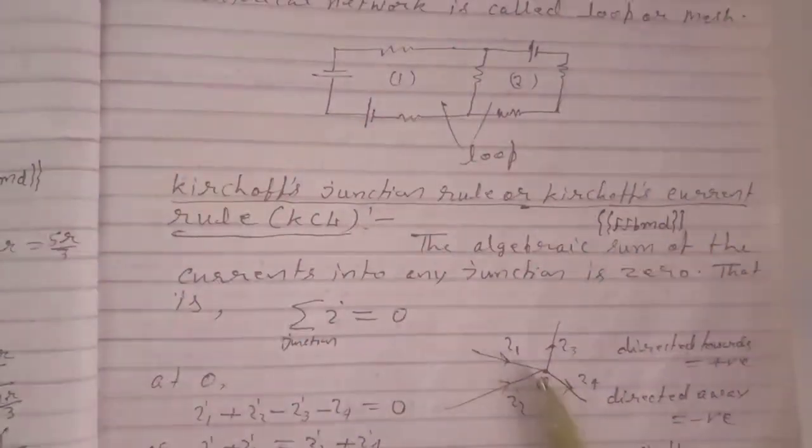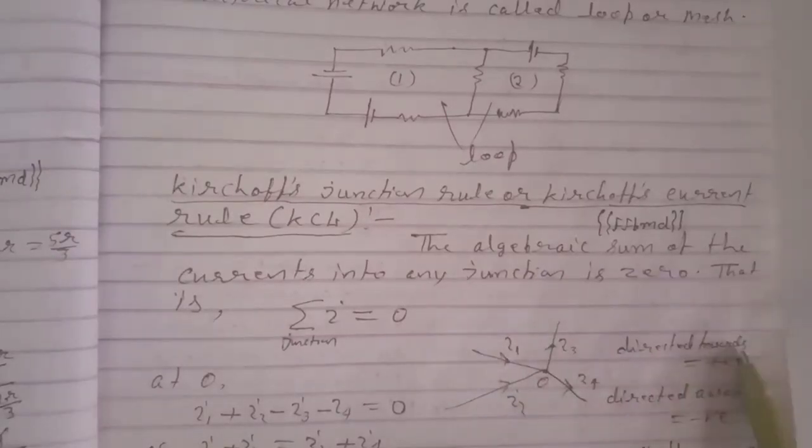Now we take some sign convention here. If current is going toward the point or meeting at the point, then that current is taken as positive, and if current is coming out of the point or going away from the point, then that current is taken as negative. That is, current directed toward the point will be positive, and current directed away from the point will be negative.